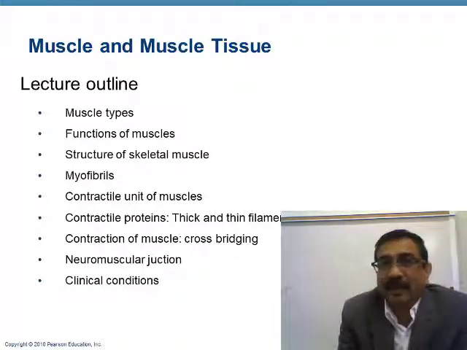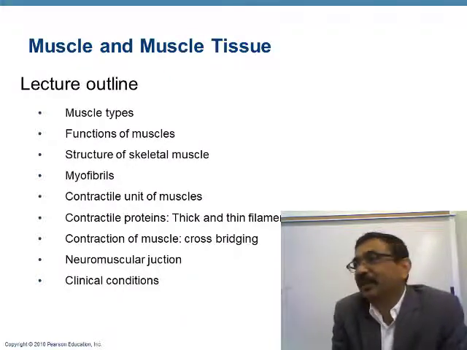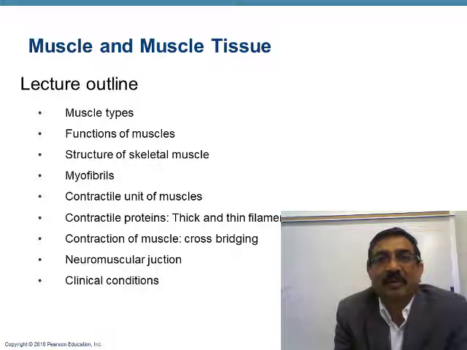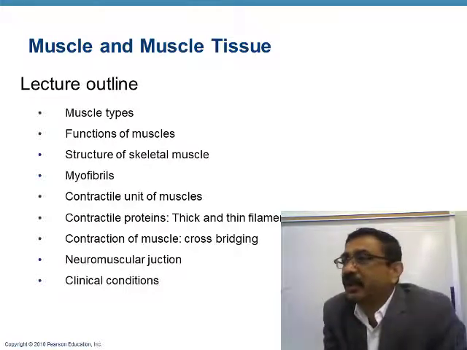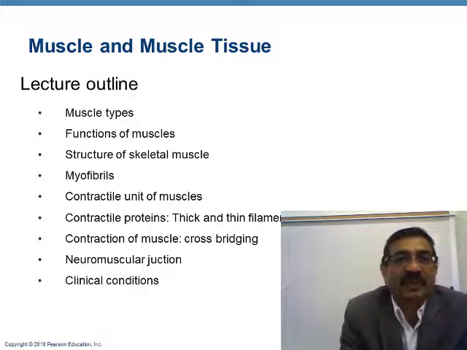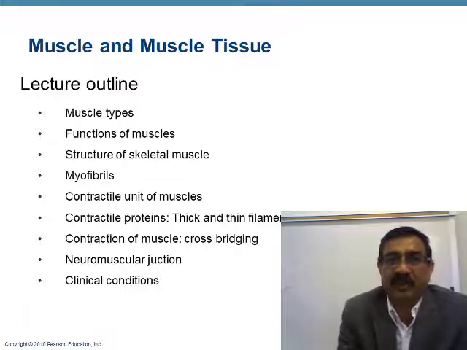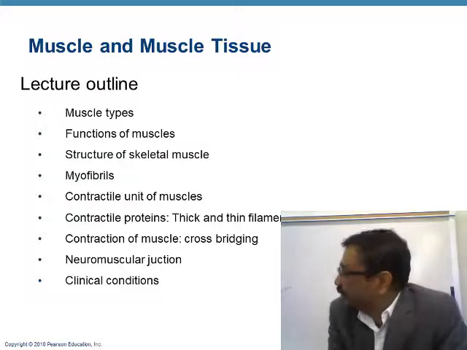Then inside that unit of contraction you have what? You have the contractile proteins. There are 4 different types of proteins. We'll see what are the contractile proteins that help in muscle contraction.